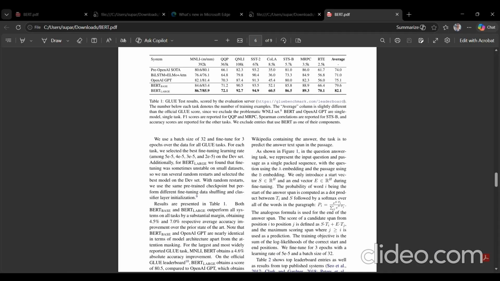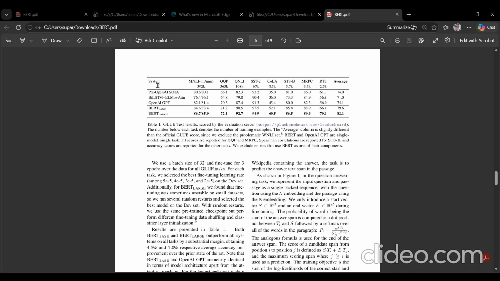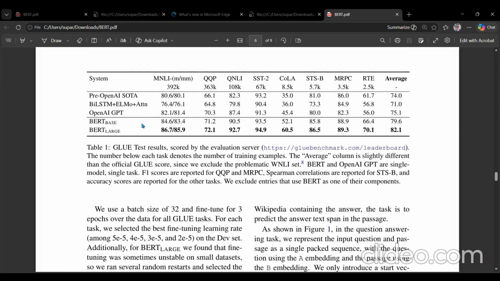This brings us to the paper, where these are the GLUE test results for BERT. As we can see, both the BERT base and the BERT large model have performed significantly better than the SOTA model, the BiLSTM and ELMo combination, and OpenAI GPT as well.